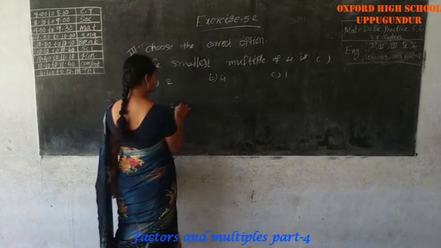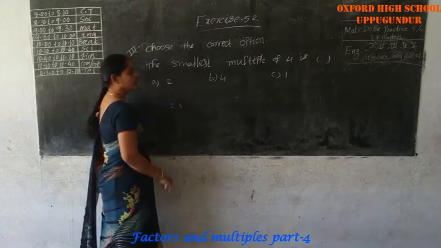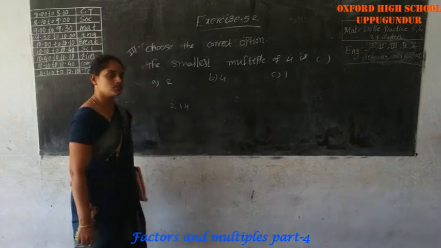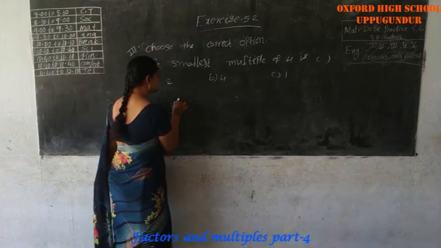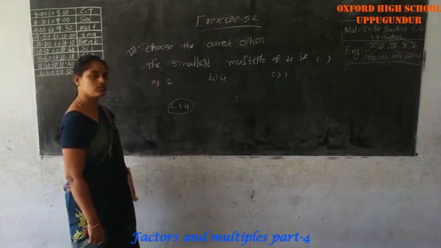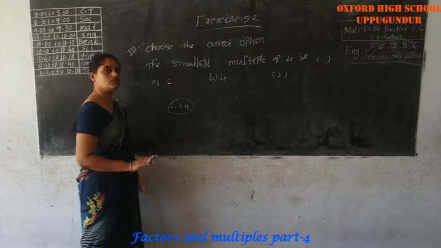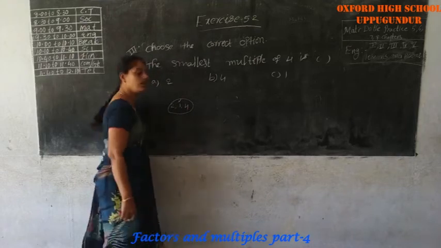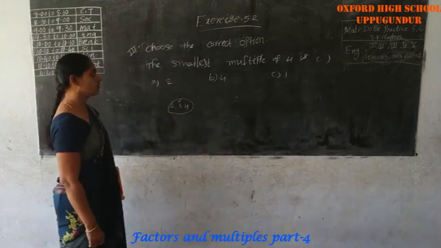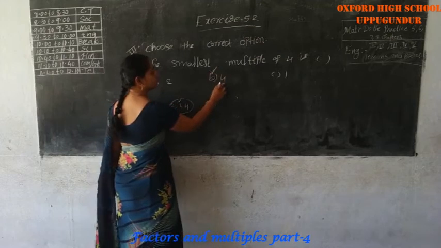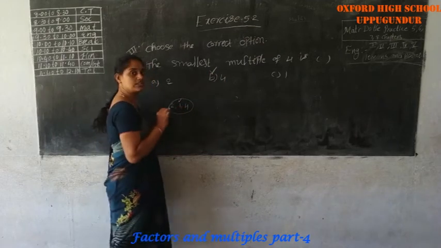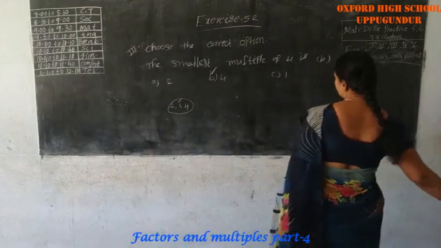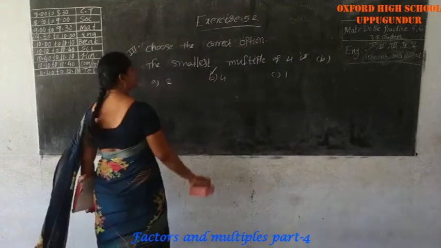Next, 4 ones are 4. 1 four is 4. Of these 3, which one is the smallest multiple of 4? 1 is the smallest multiple of 4. Which option? B. See, 4 ones are 4. So B is the correct answer. 4 ones are 4. 1 is the smallest multiple of 4.